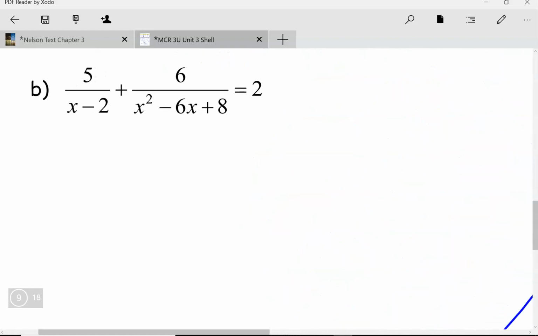Okay, let's look at this question, which is kind of similar to our previous unit, at least the first steps as usual. I am going to have to factor this. So I'm going to start off with 5x minus 2 plus 6. Let's see, two numbers that multiply to positive 8 and add to negative 6, so that's negative 4 and negative 2.